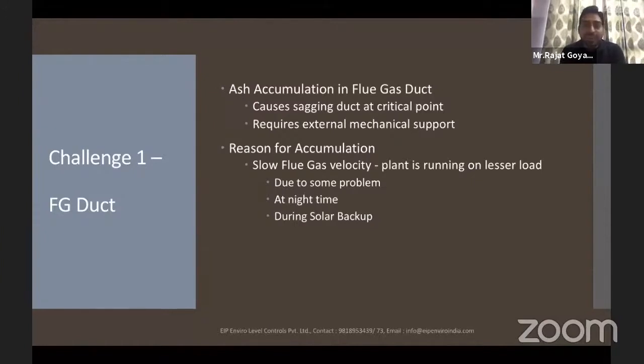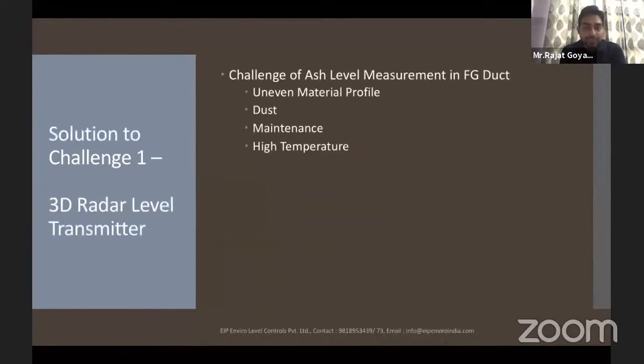Because of such sagging, there was a need for an immediate solution to monitor the ash accumulation, know what amount of ash is there, and do maintenance on a continuous basis. This was observed in FG ducts in various government plants.